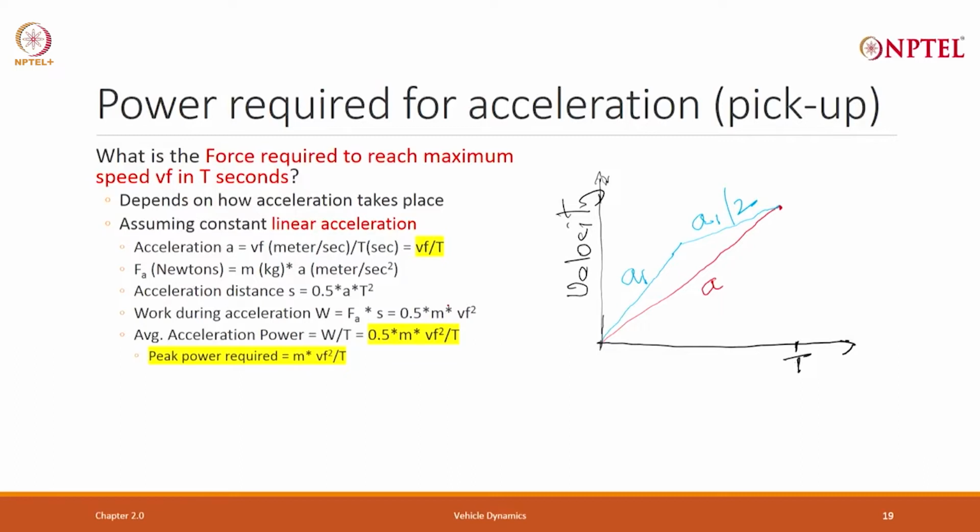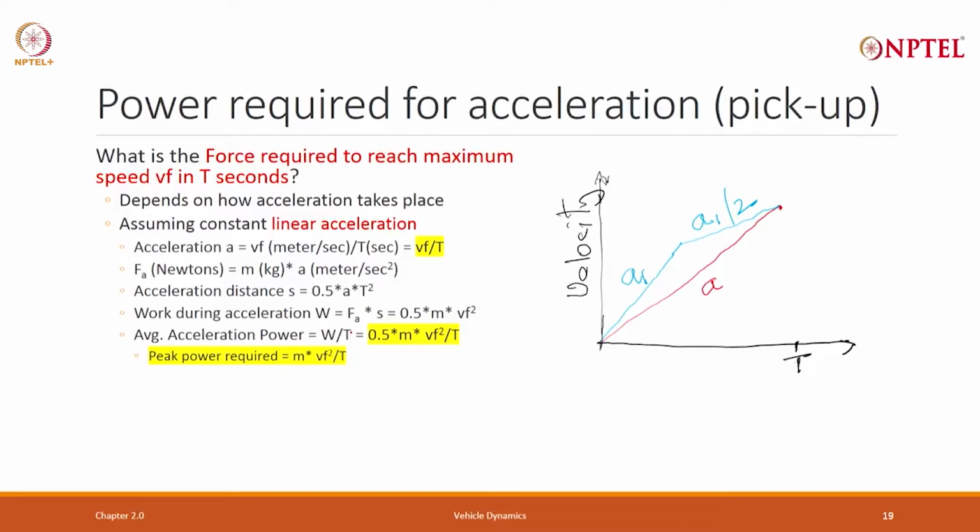And what is the average acceleration power? Well, total work done divided by the time. So it comes to half m V f square by t. Now, that is the average, but when it reaches the maximum velocity V f, the peak power requirement will be m V f square by t.